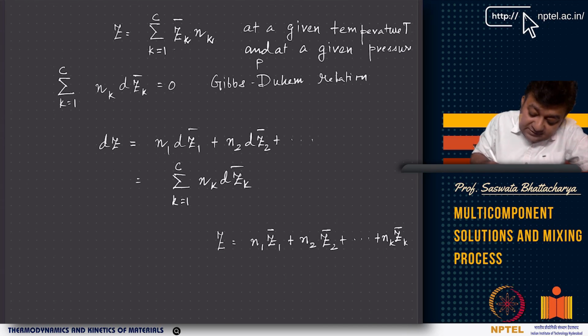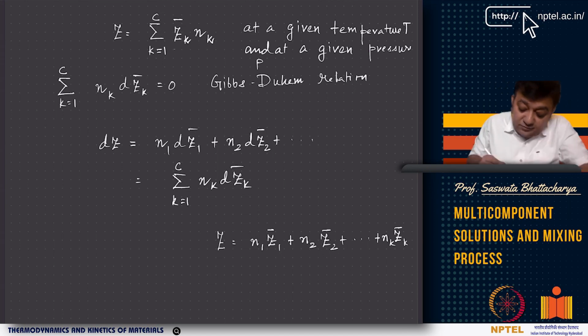So this means there is always a sum over the repeated index, which is K, and K denotes the component. The number of components here is C, and the components are denoted by 1, 2, 3 up to C.